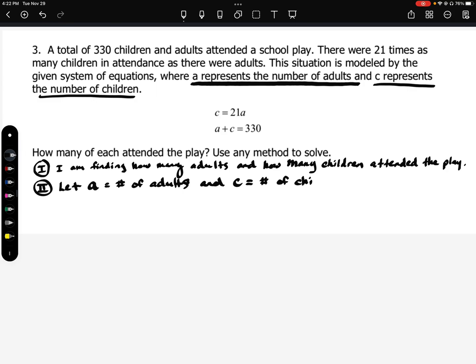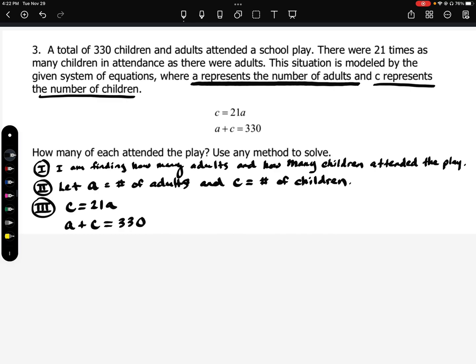And you don't have to rewrite all this down. I'm just trying to emphasize it as we're going through it, so you understand it's the same thing as what we have been doing over and over. Okay, we already have the equations. How nice is that, right? Our two equations were C is equal to 21A and A plus C is equal to 330.